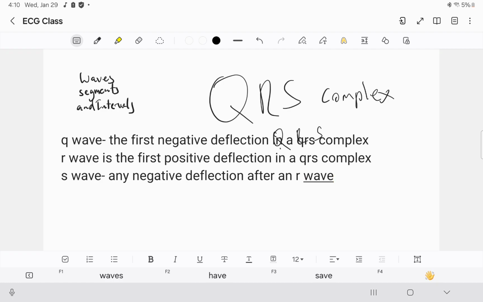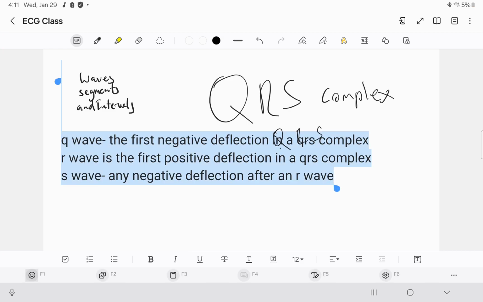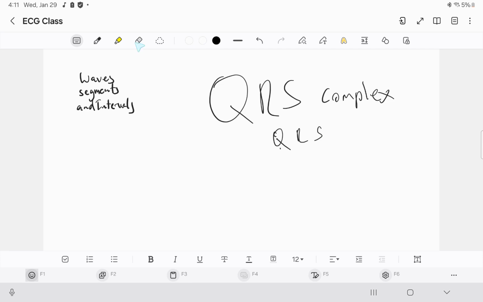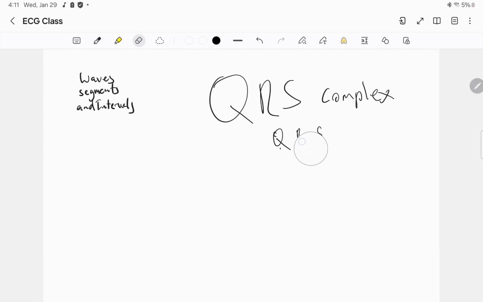Great. So, for example, all right, a Q wave is the first negative deflection, right? Or perhaps I could refine that definition, any negative deflection before an R wave.